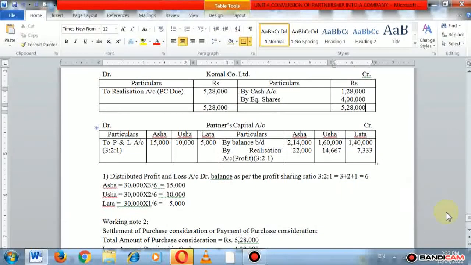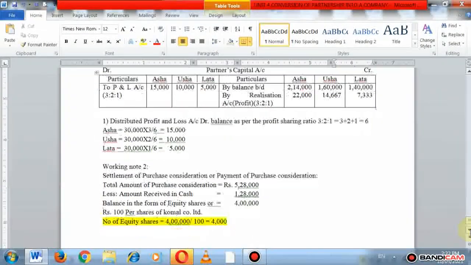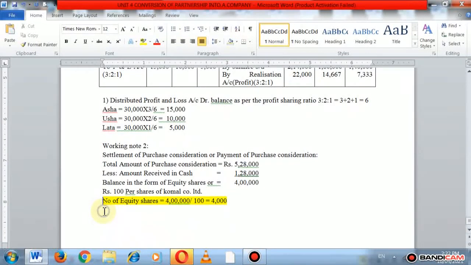So in working note number three, we distribute the purchase consideration, the amount of PC: distribution of amount of purchase consideration to partners as per their final claim.